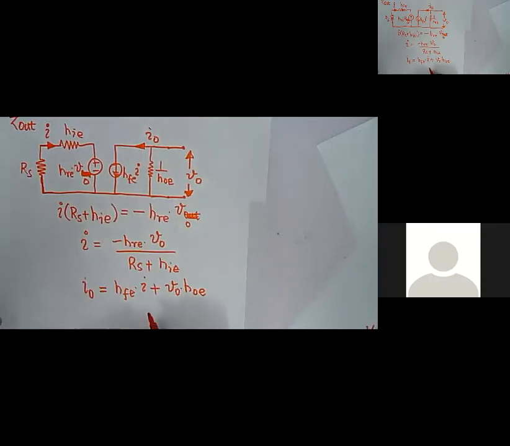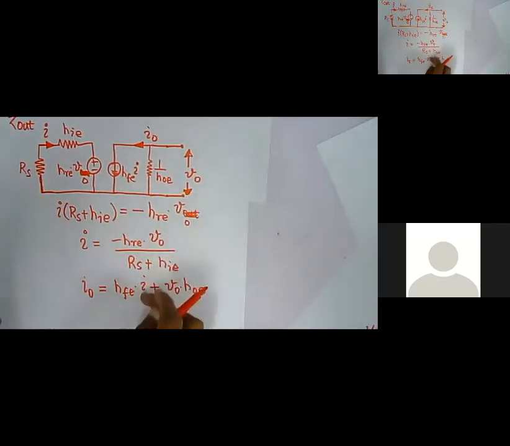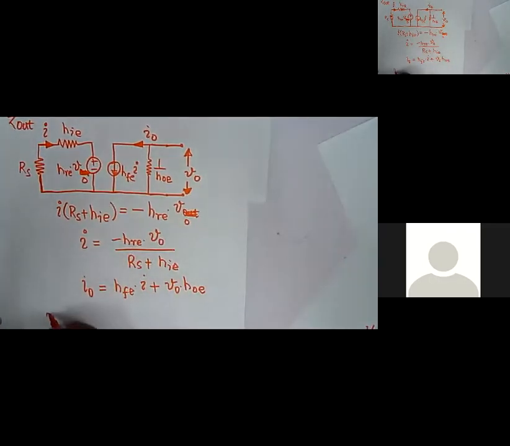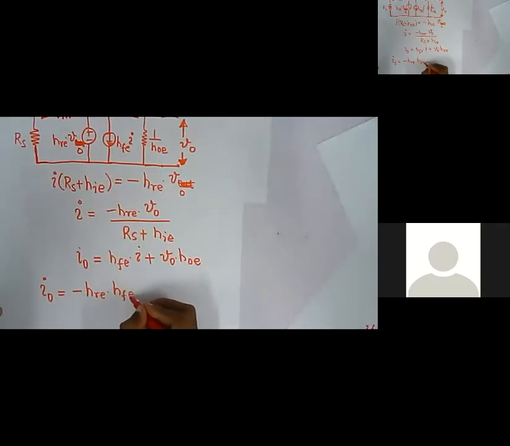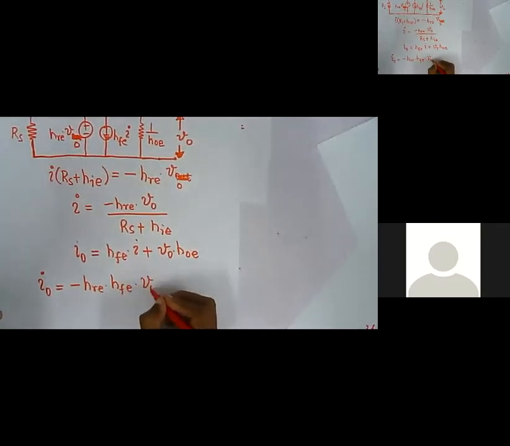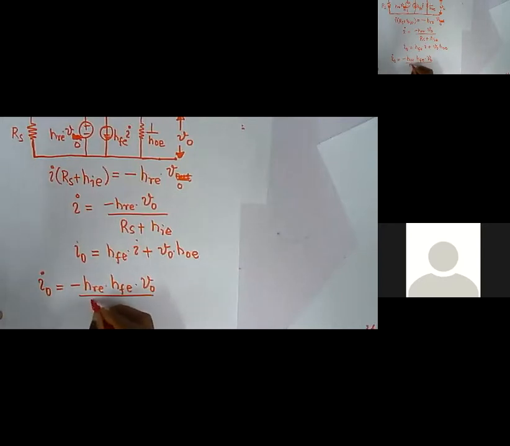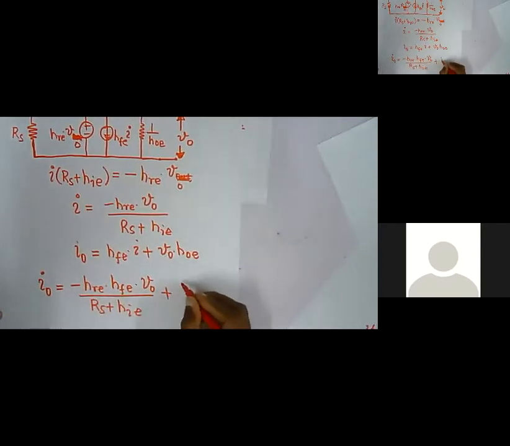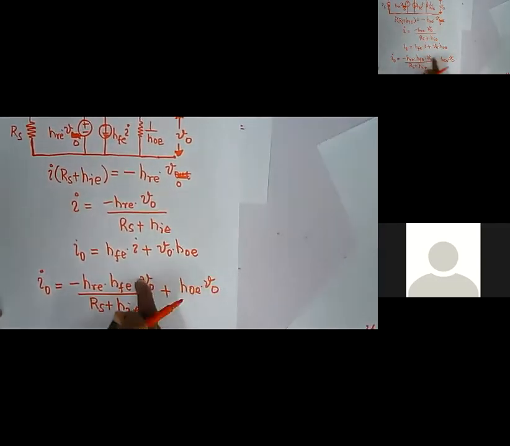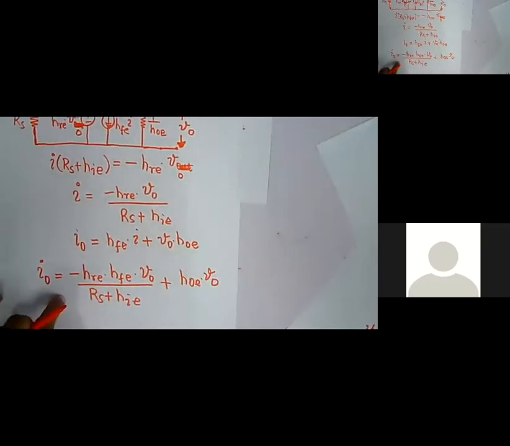Instead of I, I can substitute this one. So I can write IO equals minus HRE HFE into VO divided by RS plus HIE, plus HOE into VO. I can take VO common and bring it to the other side.